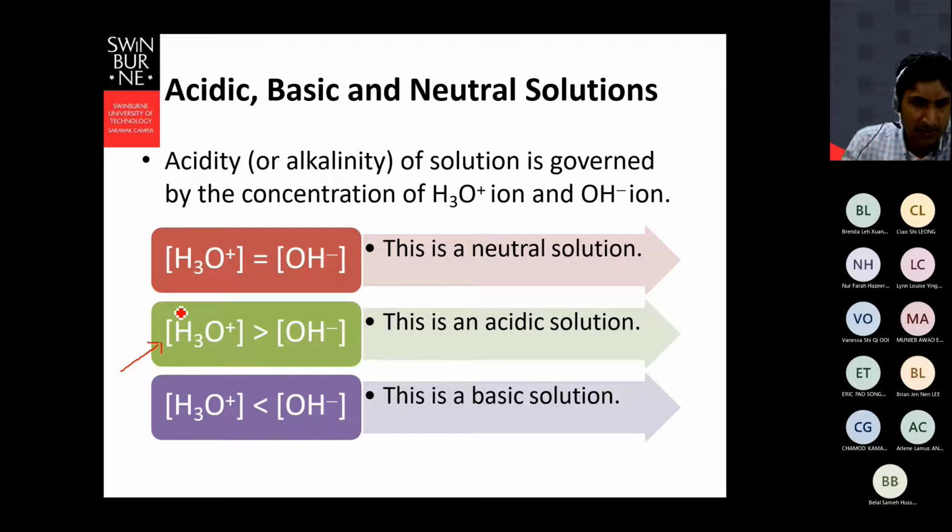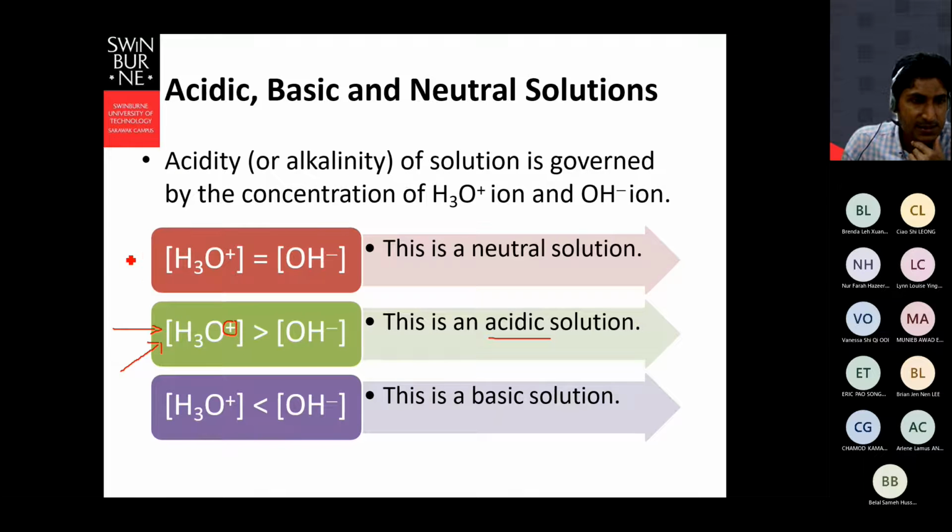It is not 50-50. It is something like 60 or 40. So hydronium ion, because it's positively charged, produces acidity, and the solution will become more acidic. And the opposite is true as well. When hydroxyl ion is increasing, it becomes more basic or alkaline solution. Okay, so this is the rule.